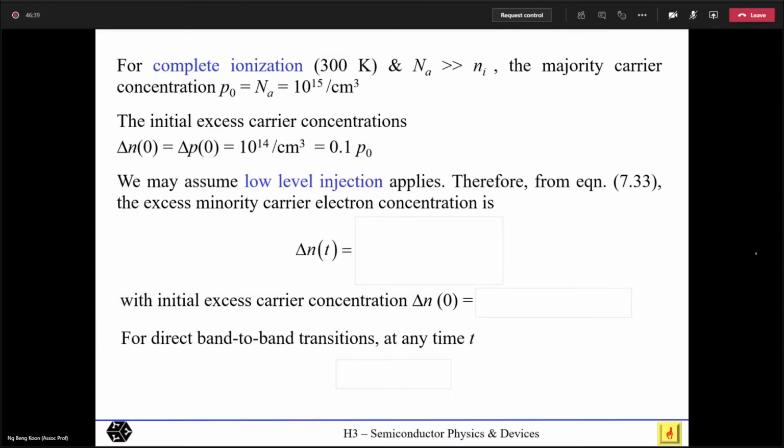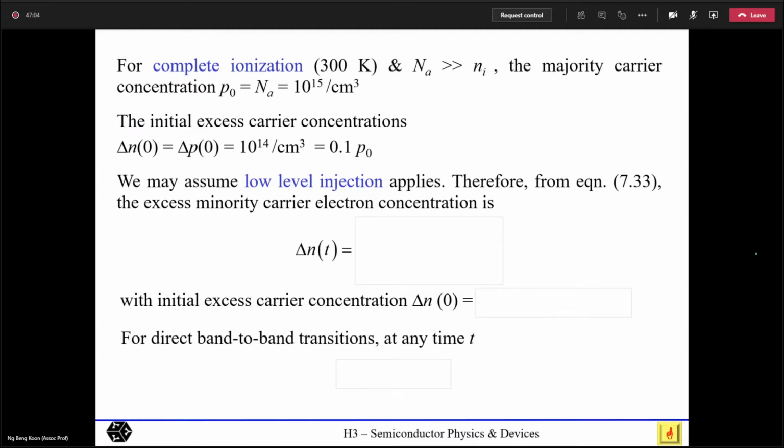As a general rule, we consider the injection as low level if the excess carrier created is at least 10 times less than the majority carrier. So we use 10 as a reference. If it's less than that, then we can treat it as a low-level injection. And obviously your P0 will be greater than N0, right?